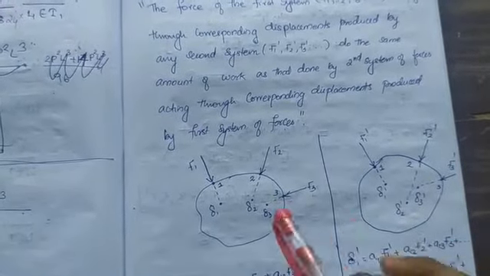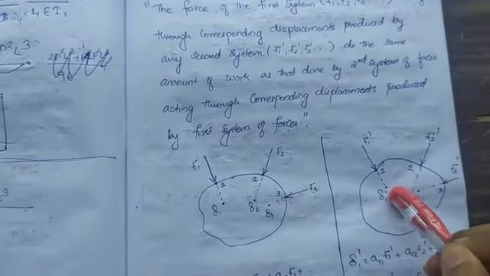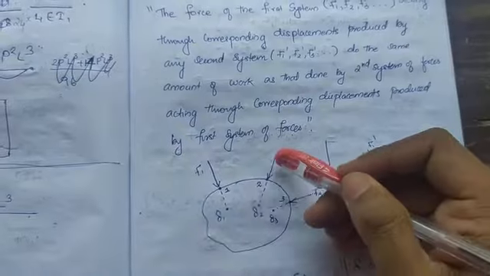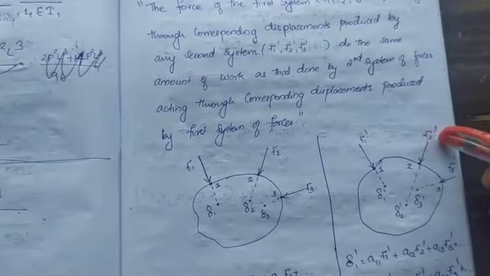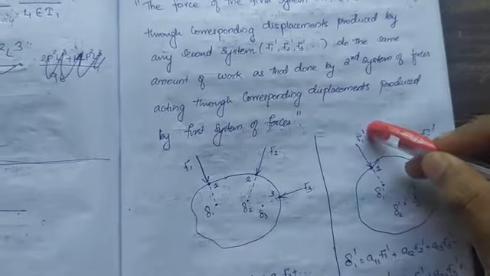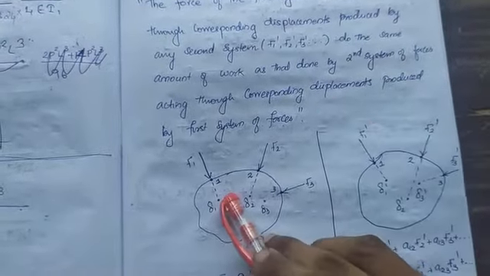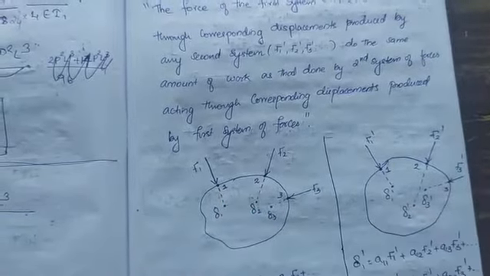The work done by this force into the displacement caused by the second system will be equal to the work done by the second system of forces, say F1 dash, into the displacement caused in the first one.